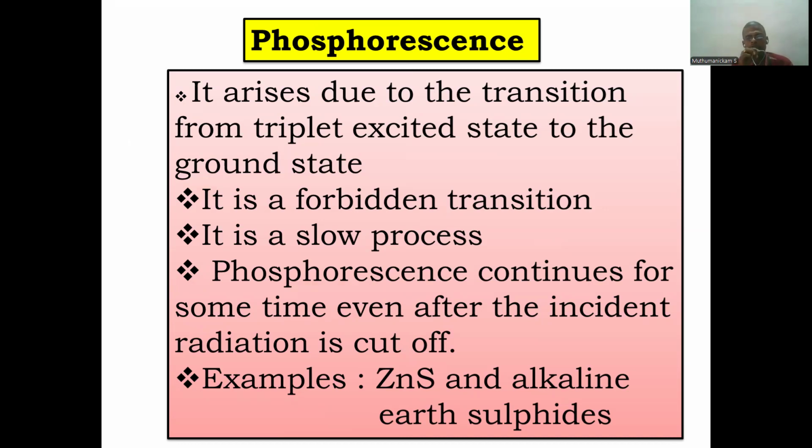Even if you switch off the electromagnetic radiation, this process continues for some time. Examples are zinc sulfide crystal and alkaline earth sulfides. You know what alkaline earth metals are? Calcium, magnesium, and so on. The alkaline earth sulfides show a very good property of phosphorescence.